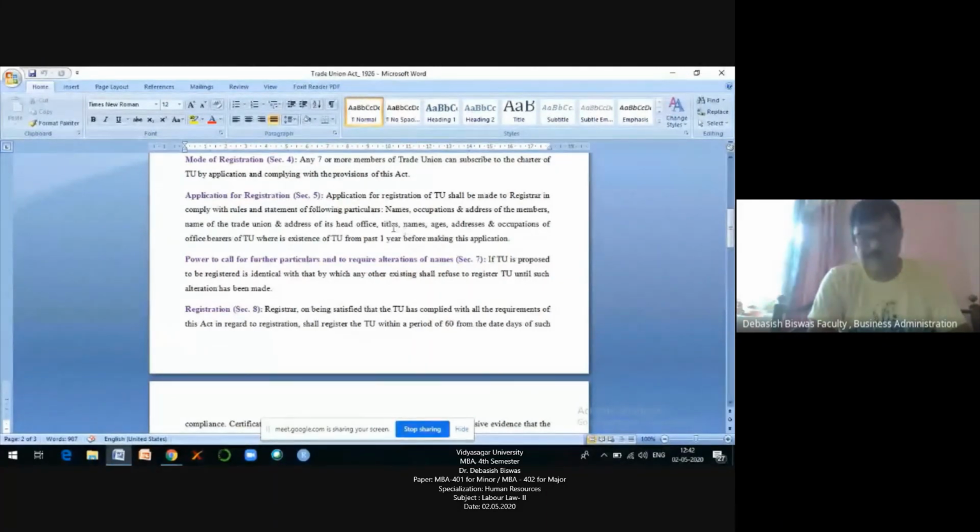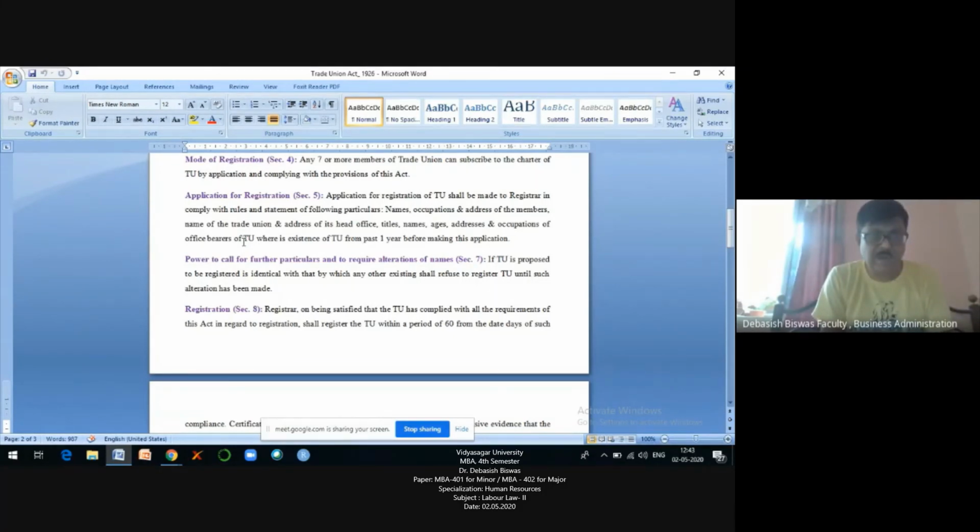And third, titles, names, age, address, occupations of office bearers of trade union. This is also very, very important. In order to run an organization, that means in order to run a trade union, some office bearers are required. Office bearers means some administrative authorities are required. Otherwise, you cannot run the trade union. So someone will act as secretary, someone will act as treasurer, someone will act as president, someone will act as executive, right?